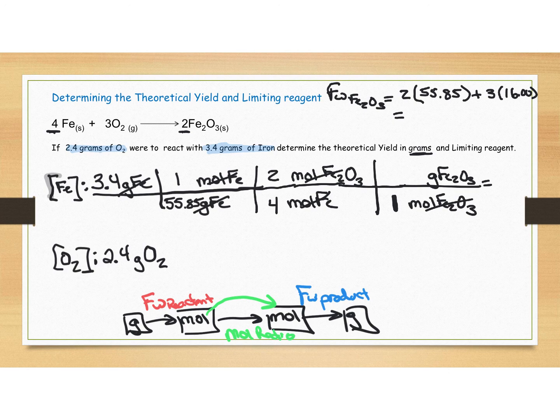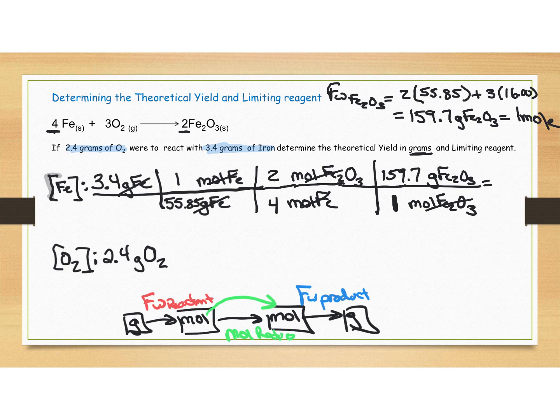So 2 times 55.85 plus 3 times 16 is 159.7. So I have 159.7 grams of Fe2O3 is equal to 1 mole. So the 159.7 goes up here.